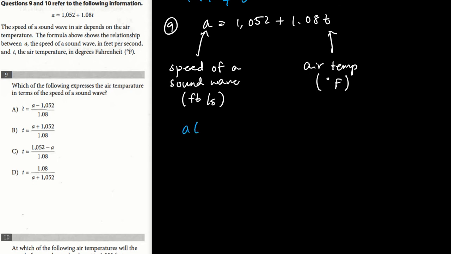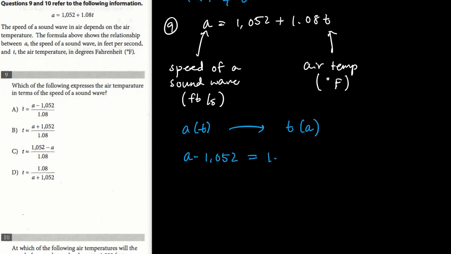So we're told A in terms of T, and now we want T in terms of A. What we need to do is take our initial equation and solve it for T. The first thing we should do is subtract 1052 from both sides.